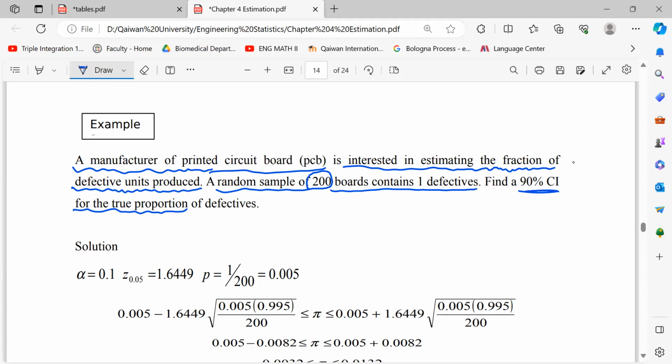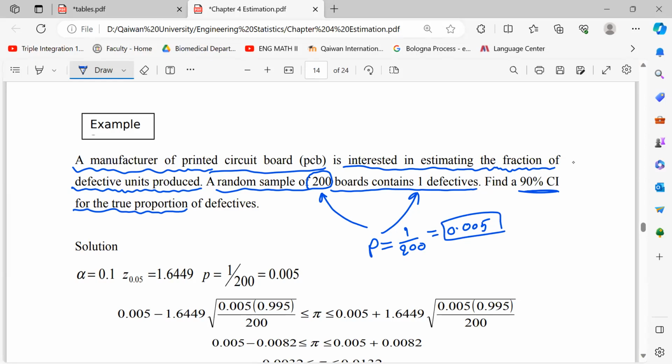What's the proportion? It's the number of defectives divided by the total number. We say it's 1 over 200. So P here is 1 over 200, which is 0.005.